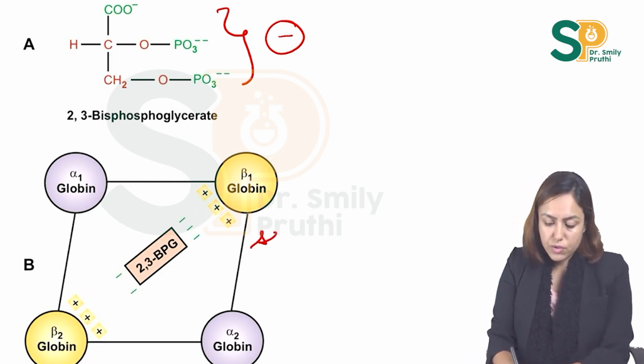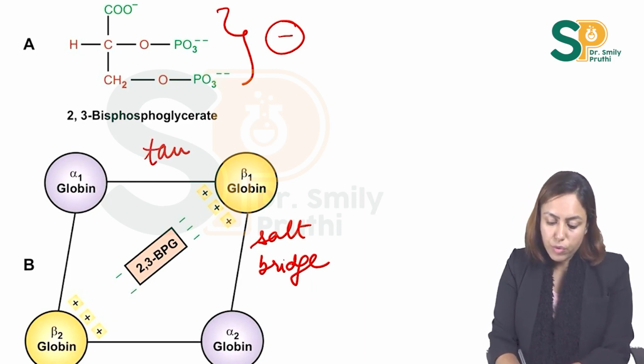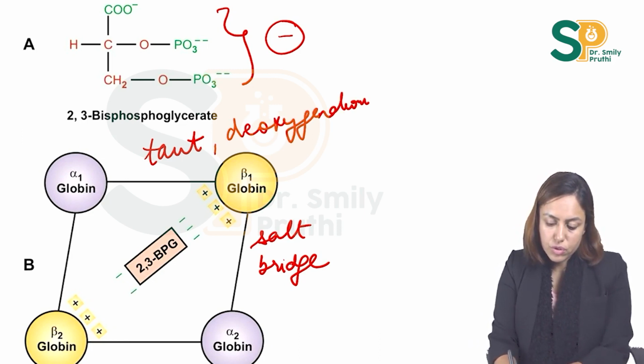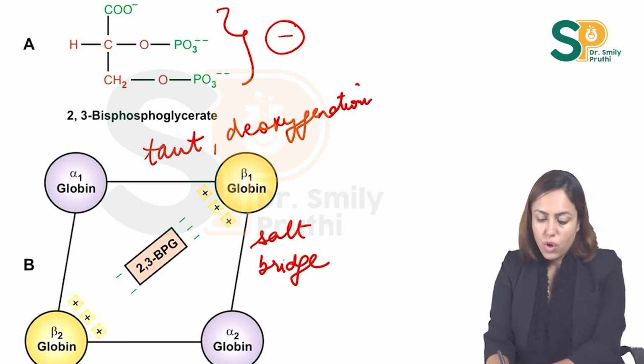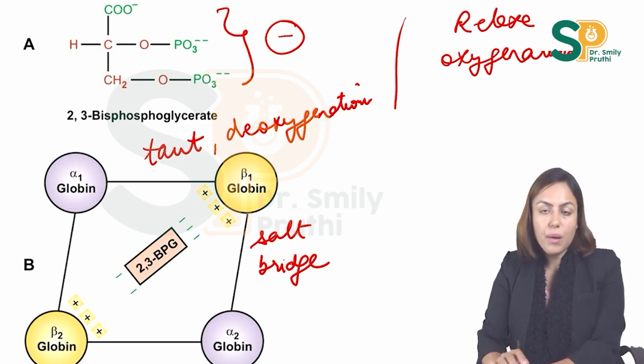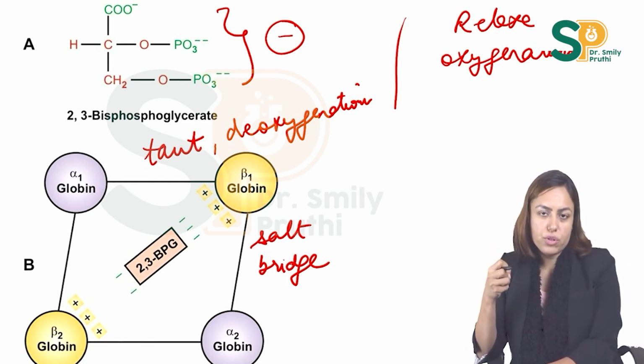So this is salt bridge formation, okay, and this structure of hemoglobin is called the taut structure, and the taut structure helps in deoxygenation. On the other hand, the other structure is the relaxed state of hemoglobin, which helps in oxygenation, and it happens at the level of lungs when hemoglobin needs to pick up oxygen, right?